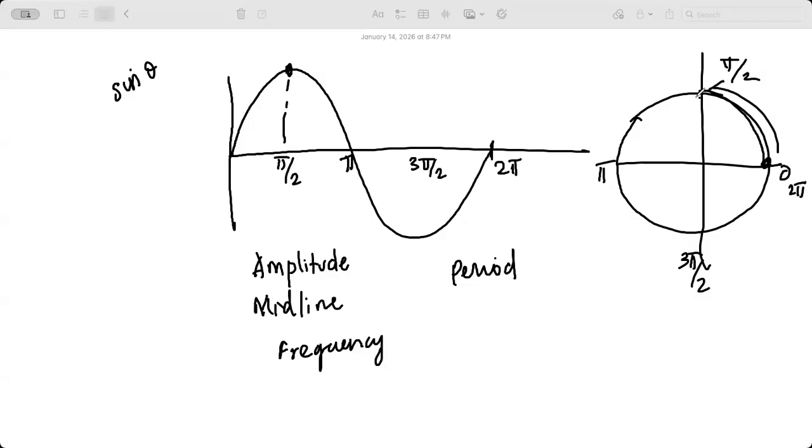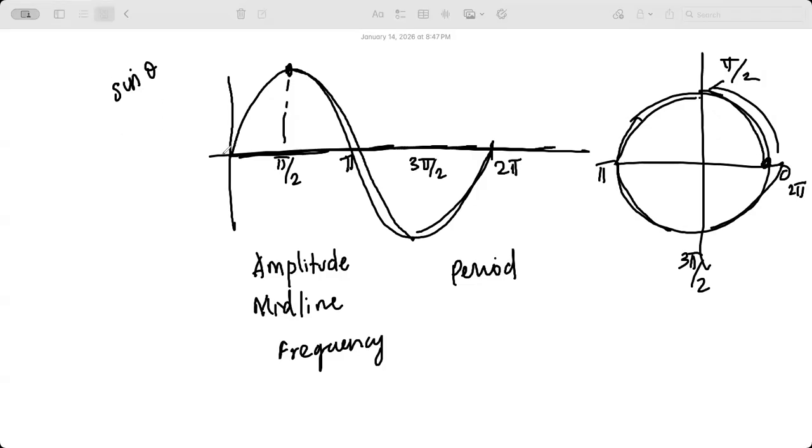Then at pi it crossed 0 and went negative, and at 2 pi it came back to the y equals 0 axis.